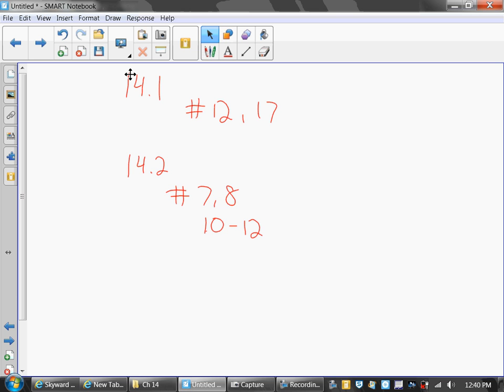When you're doing these problems, make sure you list out your originals. Those are the 2 tangents on the 14.1. Just list out your originals and your asymptotes, just like the 2 examples we just did.